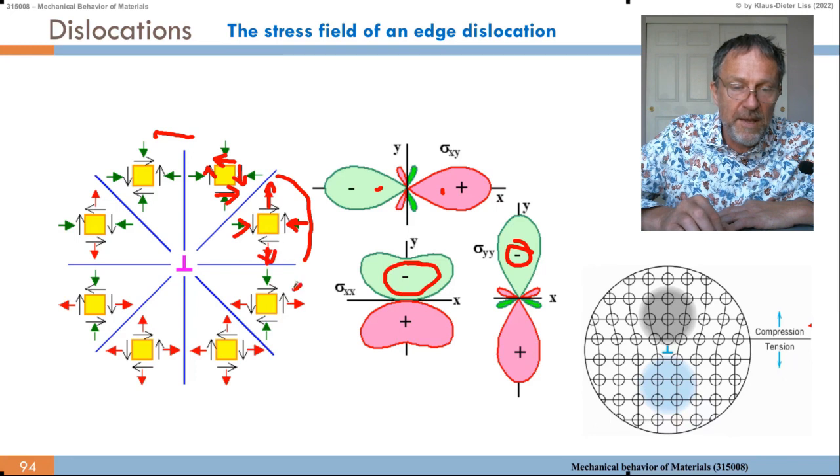And the same here, or opposite here at the bottom, in that octant, we get compressive vertical along y and tensile along x direction. And then symmetric, tensile here, tensile there, compressive and tensile there, tensile and compressive there.